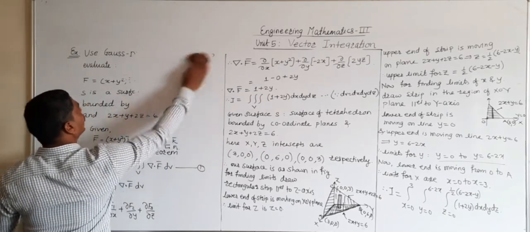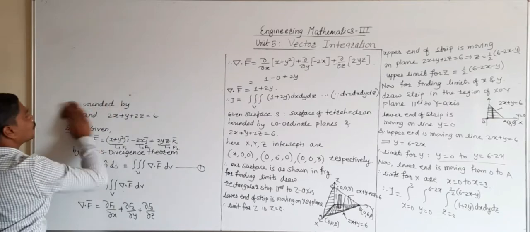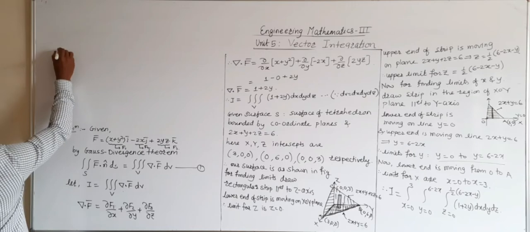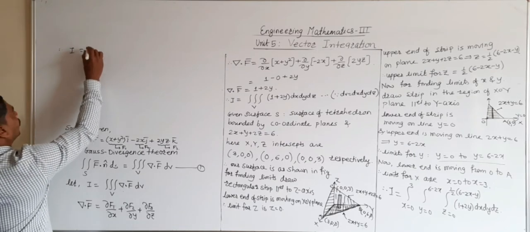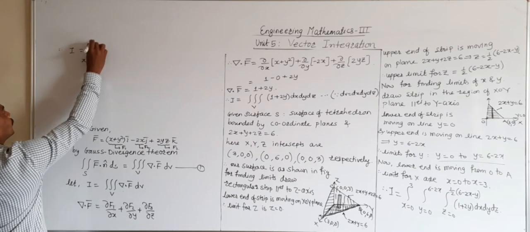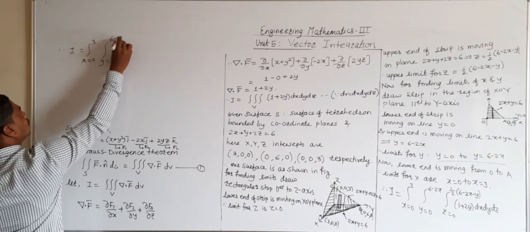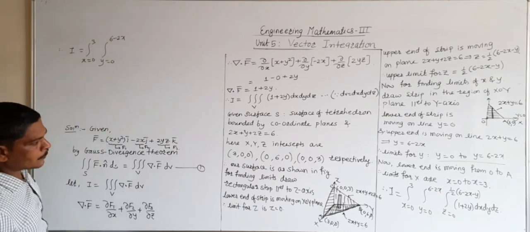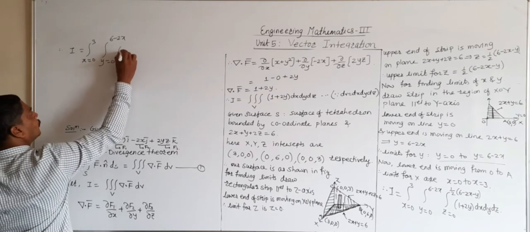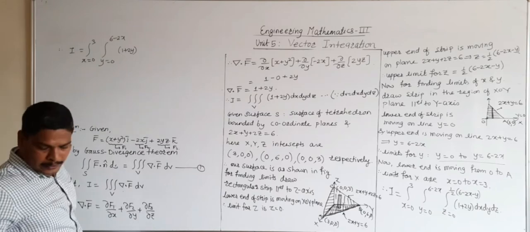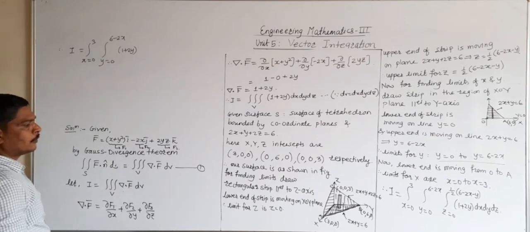So after integrating, we get I is equal to the integration x is equal to 0 to 3, integration y is equal to 0 to 6 minus 2x, and this function 1 plus 2y as it is, because this function does not contain z.